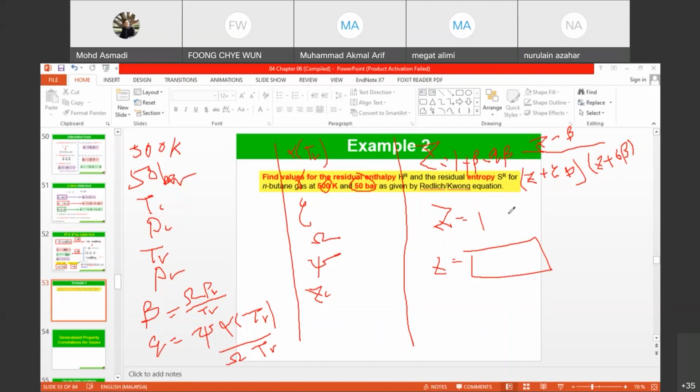Please calculate. You have to do the iteration, starting with Z equal to 1.